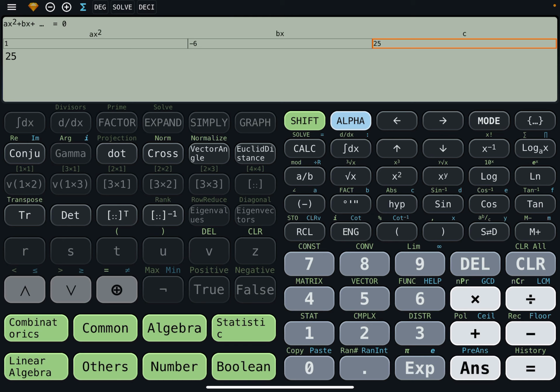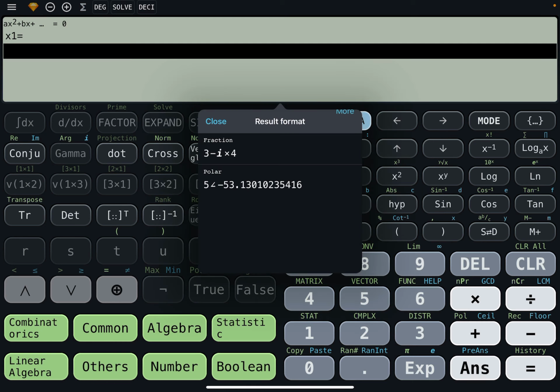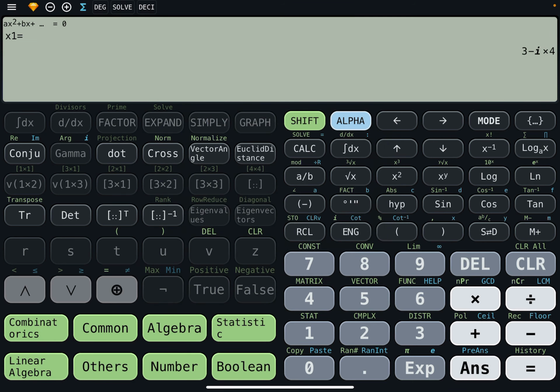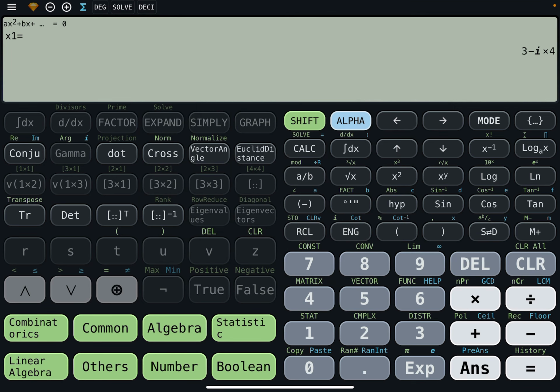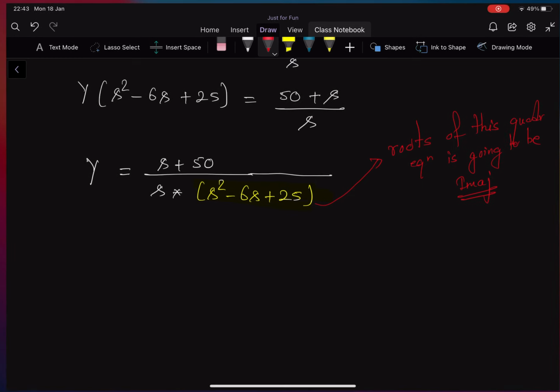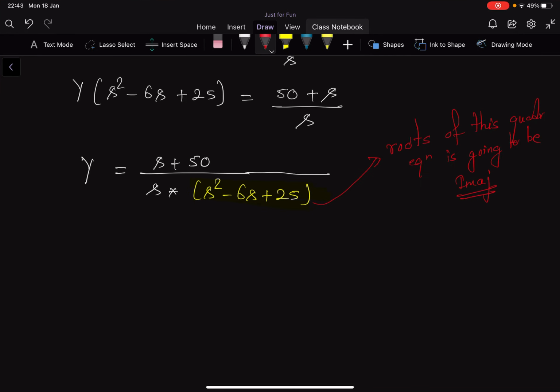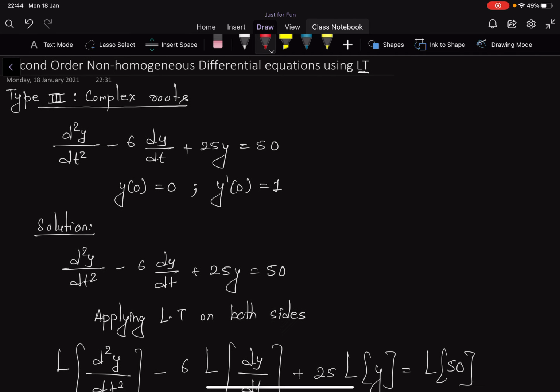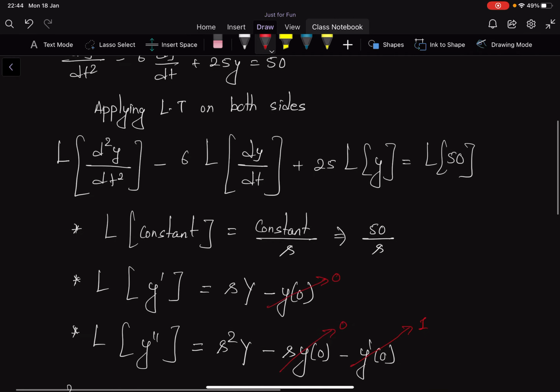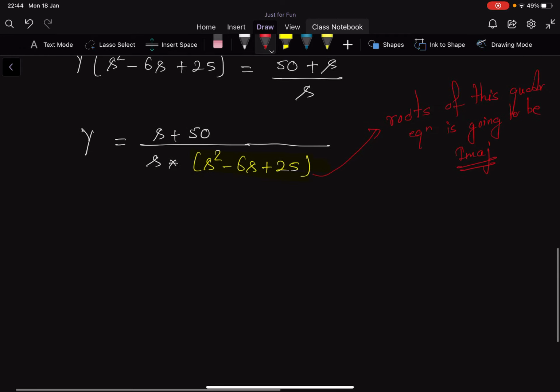If you go to the mode and find the solution here, you can see polynomial degree 2, and let's put in the values: a is 1, b is -6, and c is 25. Once we put the values of a, b, c in the calculator, we can see the value here is imaginary, 3 minus 4i, which is basically a complex number, or imaginary roots. Any imaginary roots are put in the category of type 3, which is complex root, and they have different techniques to solve this kind of question.